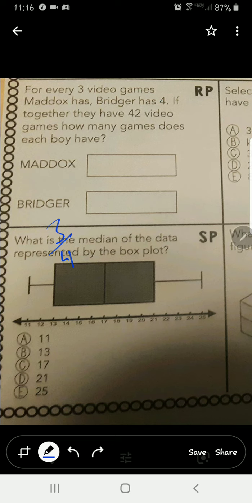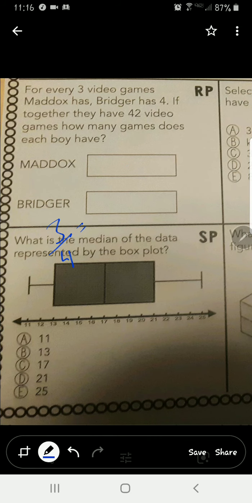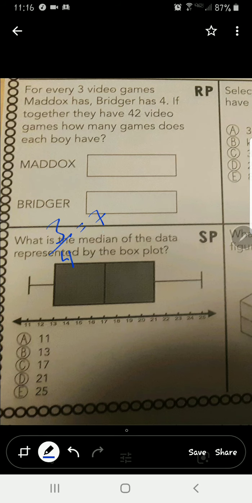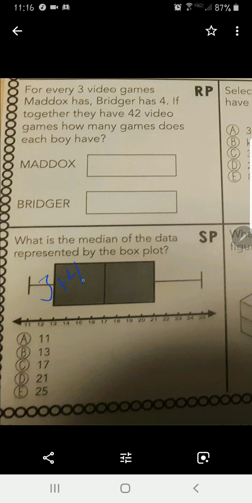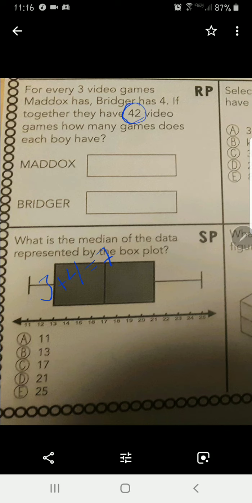So in total, if you were to add up, that would be 7, right? If you're adding them, not dividing them. 3 plus 4 is going to be 7. So if together they have 42 video games, how many does each boy have?